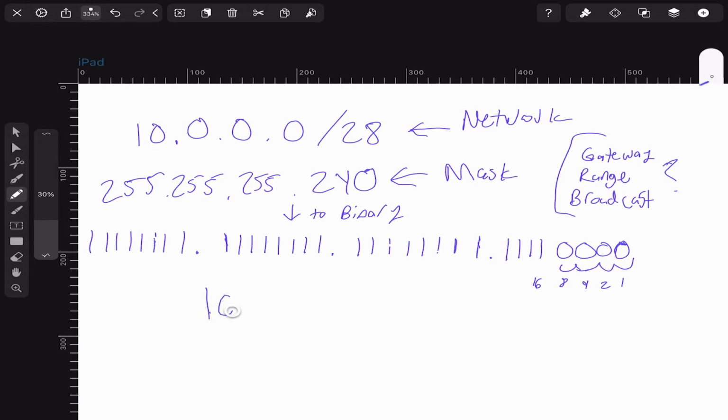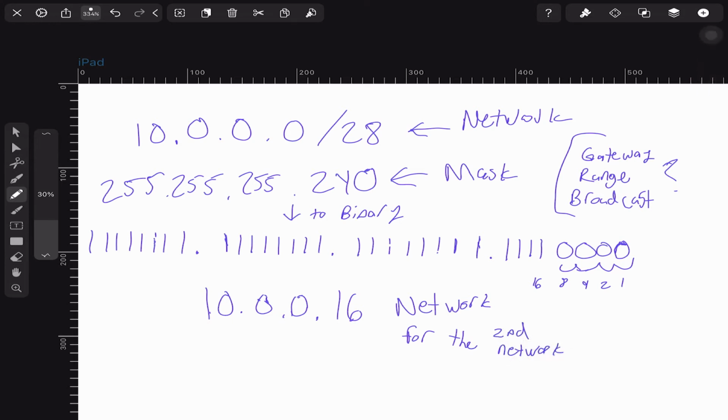That means that I now know 10.0.0.16 is going to be the network address for the second network, aka the subnet.